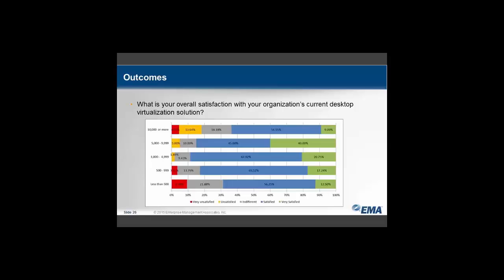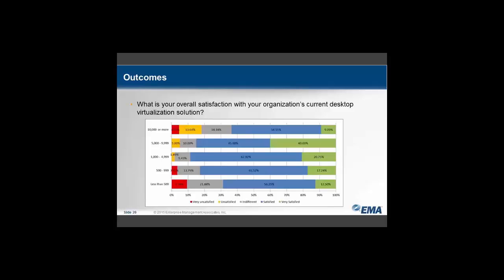And having seen desktop virtualization solutions simplify management, reduce costs, and improve business performance in the majority of cases, it should be no surprise that there was substantial overall satisfaction reported by responders for their adoption of desktop virtualization solutions.